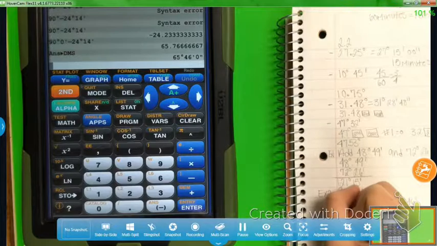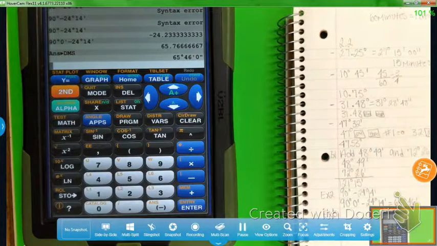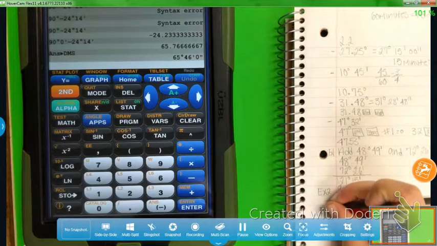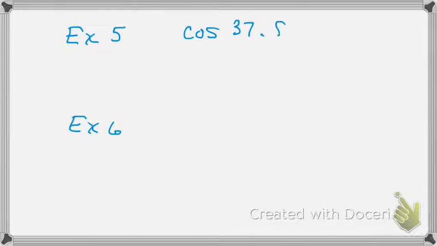All right, so next thing we're going to do is we're going to go to example 5. And example 5 in the book is 5 and 6. We'll probably skip 6 because it's pretty much the same type of problem. In example 6, you're asked to do cosine of 37.8 degrees, and you're asked to do tangent of 58.75 degrees.